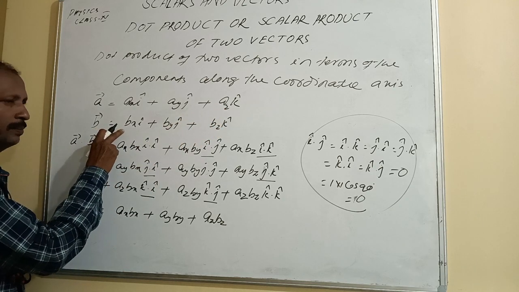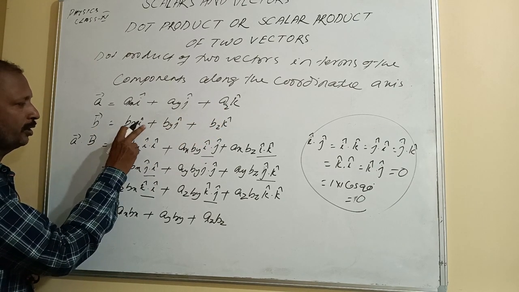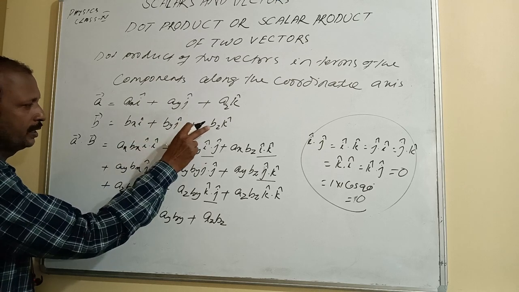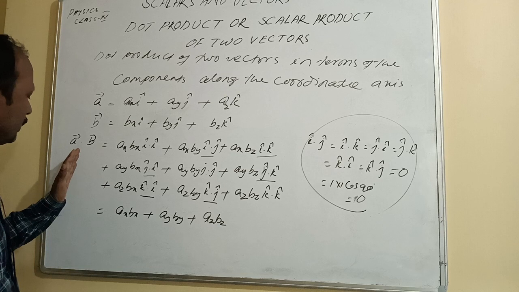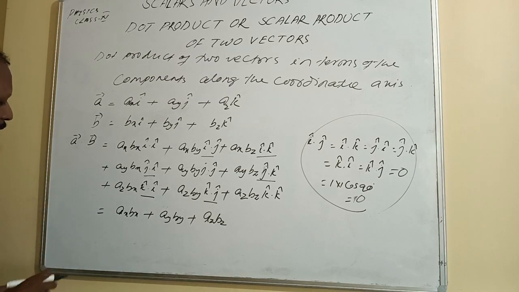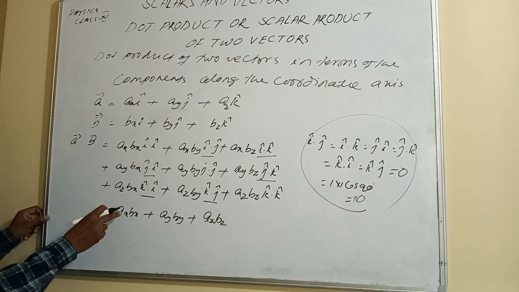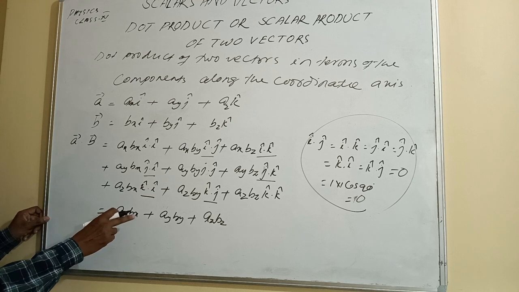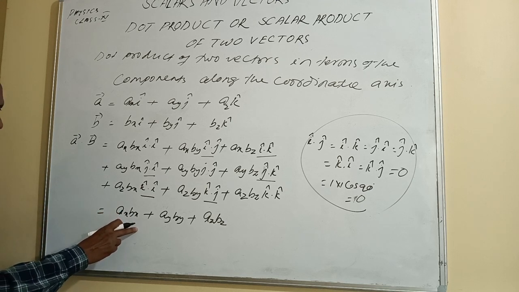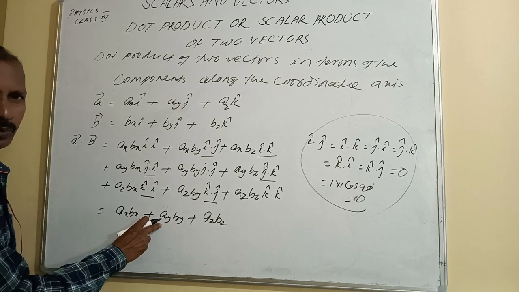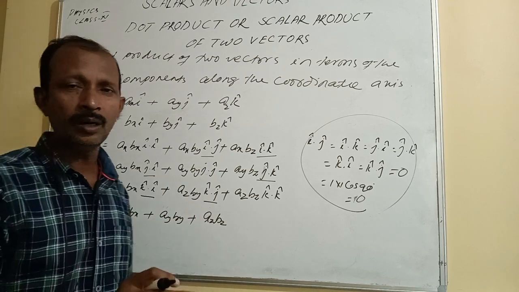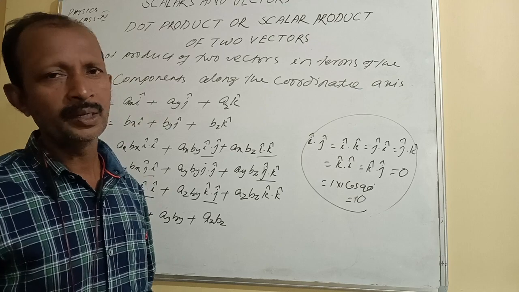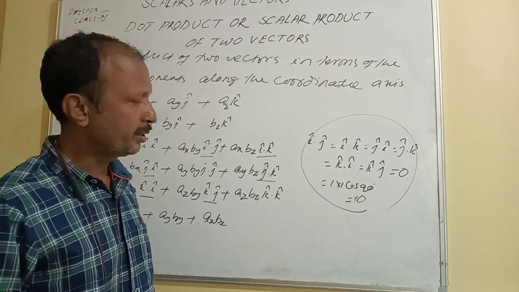Similarly, for vector B, this is the x axis component, this is the y axis component, this is the z axis component. So in dot multiplication I have multiplied the x component of A with the x component of B, y component of A with the y component of B, and z component of A with the z component of B. I hope that you might have understood.